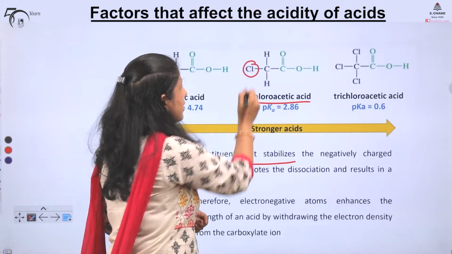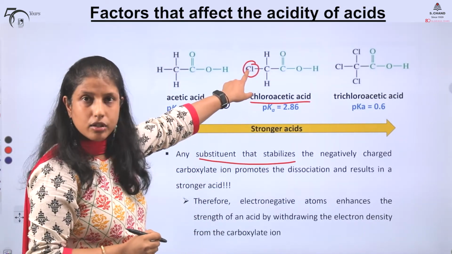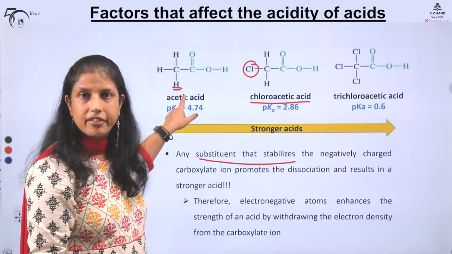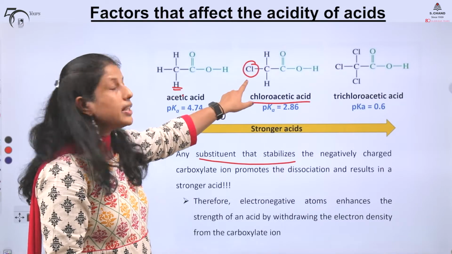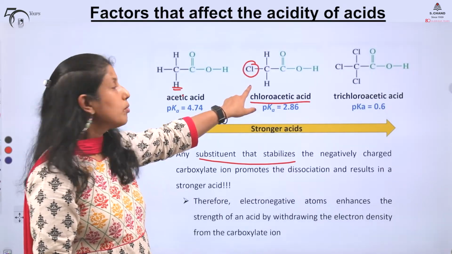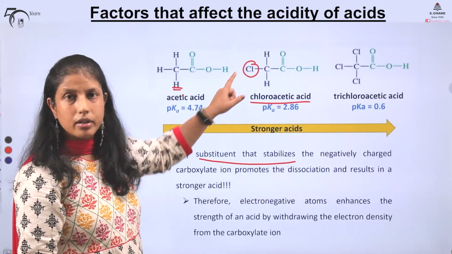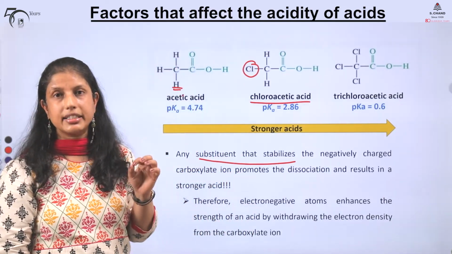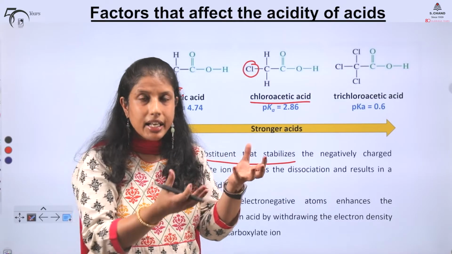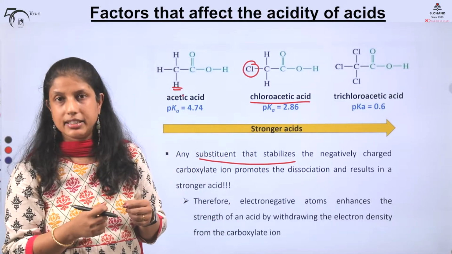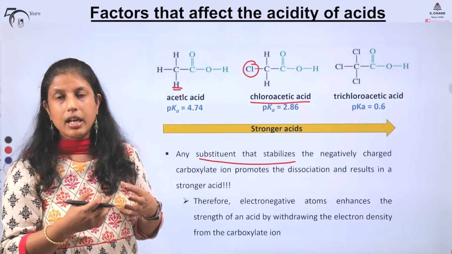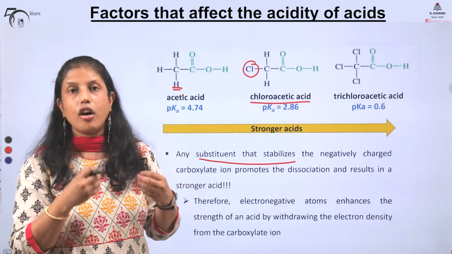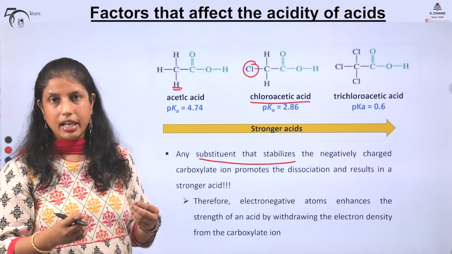Chloroacetic acid has one chlorine atom substituting one of the hydrogens of acetic acid. What's so special about this chlorine? What does it do? You have guessed it, the chlorine atom is highly electronegative in nature. What does that mean? It withdraws electron density towards itself, and therefore it increases the stability of the resulting carboxylate ion.